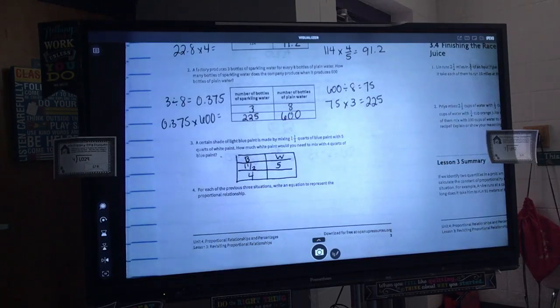Stand up when you have your answer. Answer 0.375.